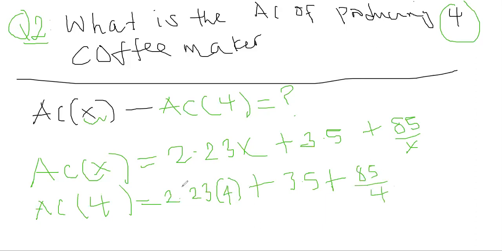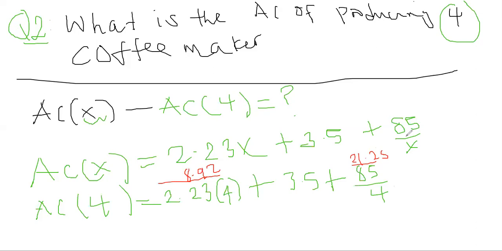If we calculate this, it will give us something like 8.92. Of course, this is 3.5. Here, 85 divided by 4 will give us 21.25.